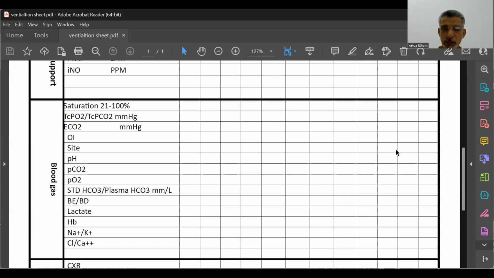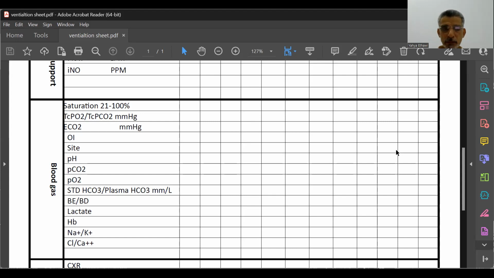Okay, there are three that are measured: pH, PCO2, and PO2. Any other things in the blood gas are calculated. It's not measured. So in the blood gas, we measure only 3 parameters: pH, PCO2, PO2. Everything else is calculated from these 3.